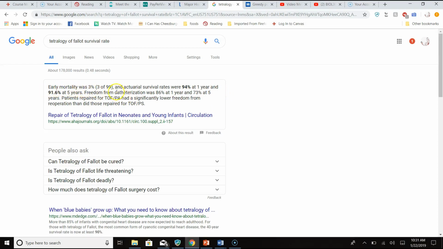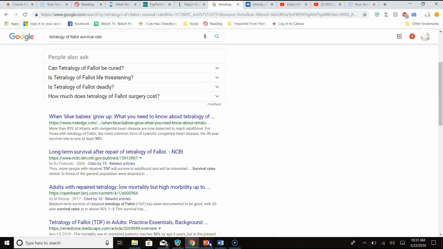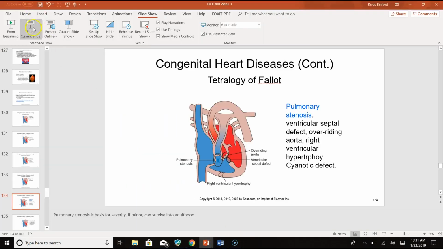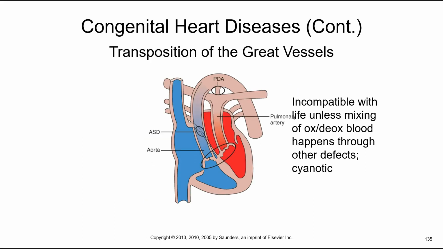It looks like it requires quite a bit of medical intervention. As I understand it, there's a sequence of surgeries that may be necessary, and like that search indicated, a variety of medical interventions for this.